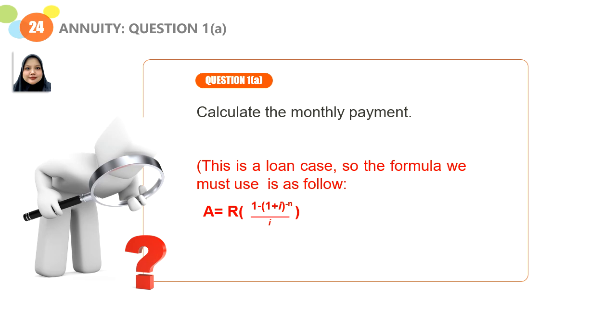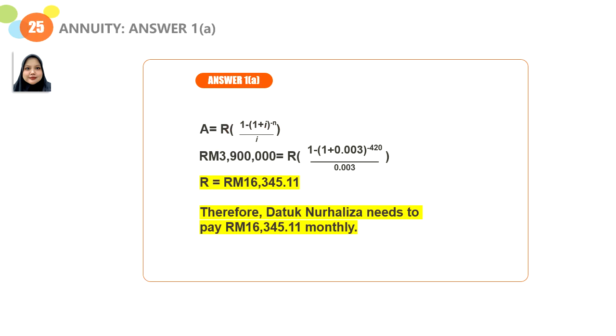A equals R times the quantity 1 minus open parenthesis 1 plus I close parenthesis raised to the power of negative n, divided by I. Substituting these values, we get 3.9 million ringgit equals R multiplied by the quantity 1 minus open parenthesis 1 plus 0.003 close parenthesis raised to the power of negative 420, all divided by 0.003. After simplifying and solving the equation, we obtain R equals 6,345 ringgit and 11 cents.